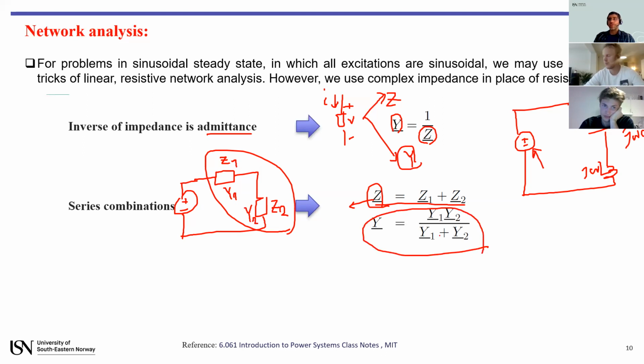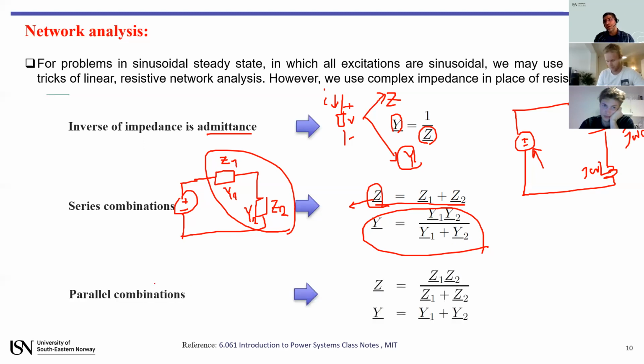It is very similar, as a parallel combination of the two elements. You have to multiply Y1 and Y2 over the summation of Y1 and Y2. So it's another form.